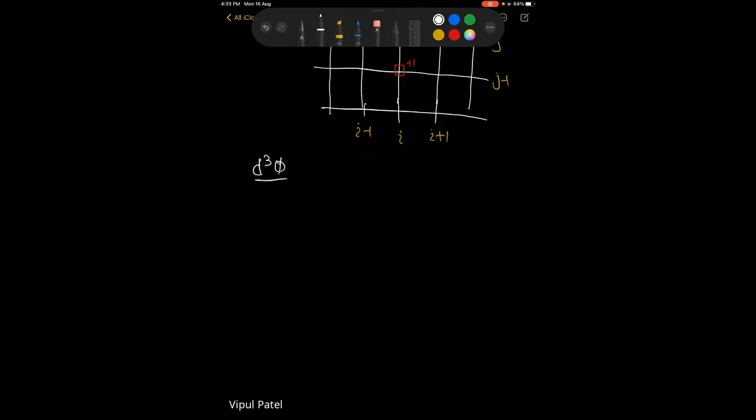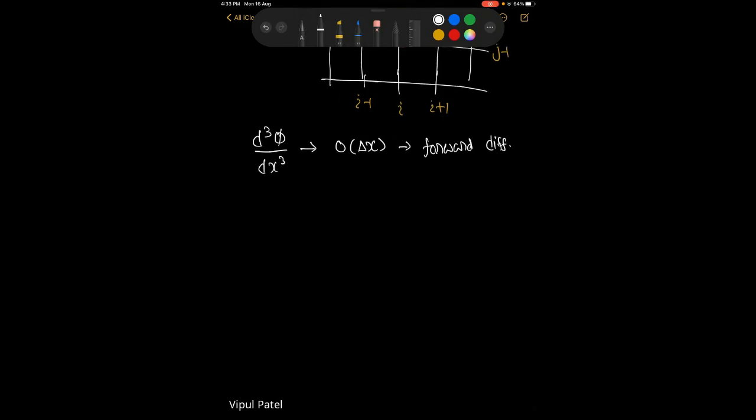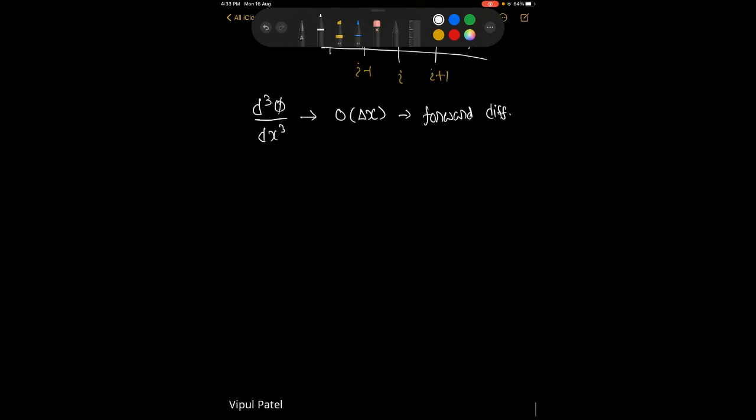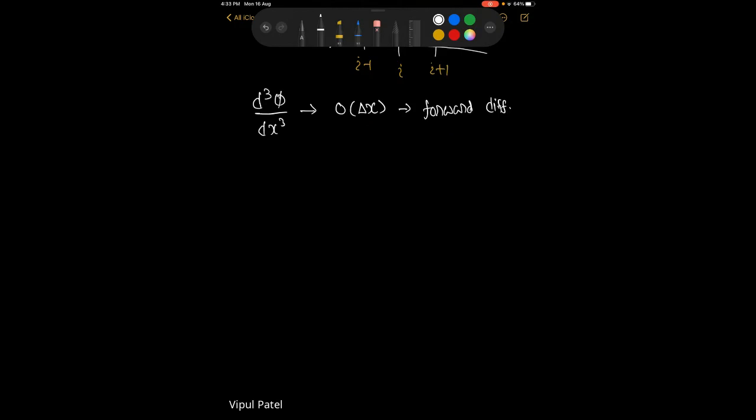This is a third order differential term, and you want to have first order accuracy, and let's suppose you want a forward difference scheme. I'll leave it up to you: practice this and try to get whether you are getting this equation or not. So your final equation would be like this.